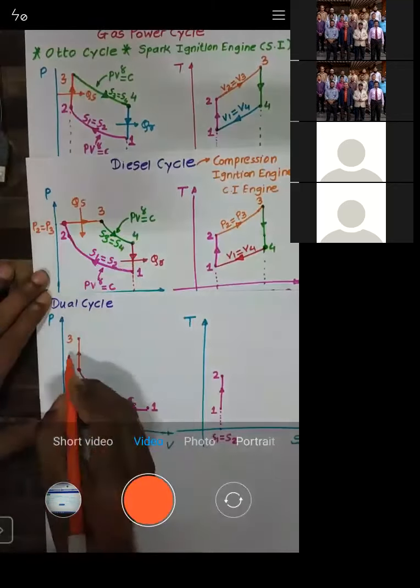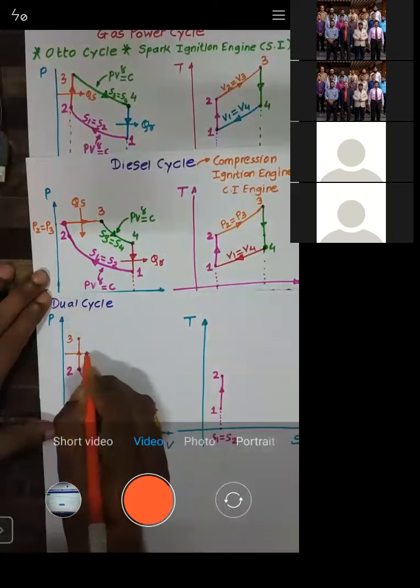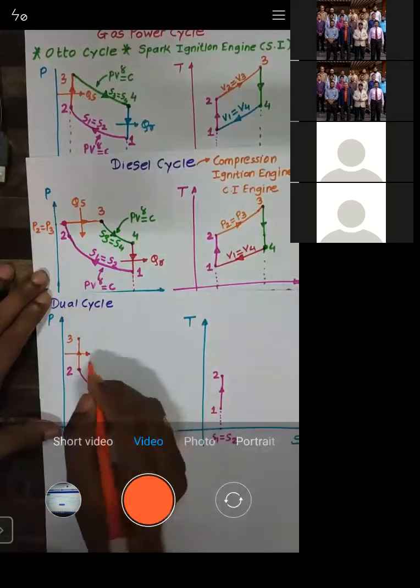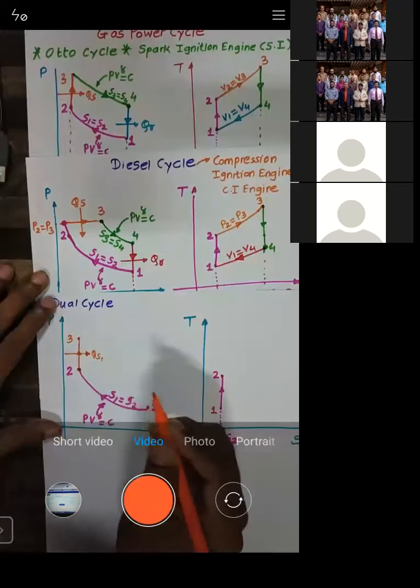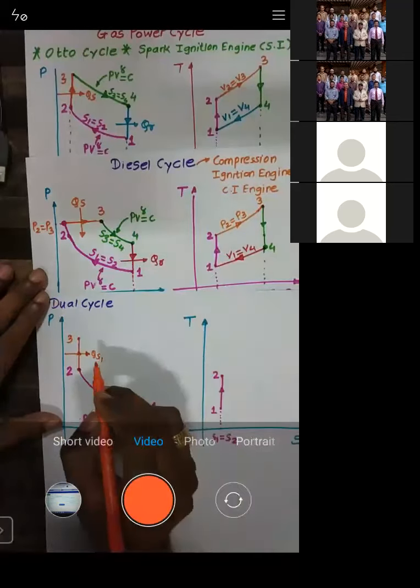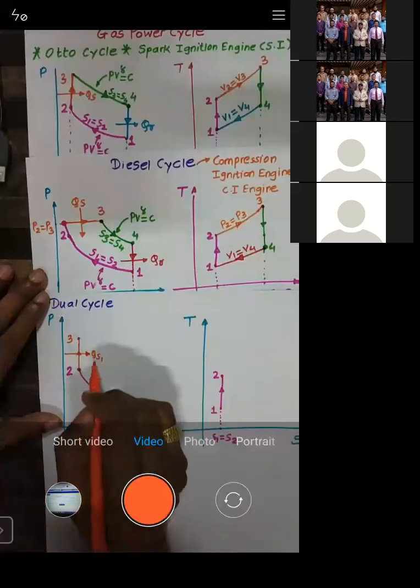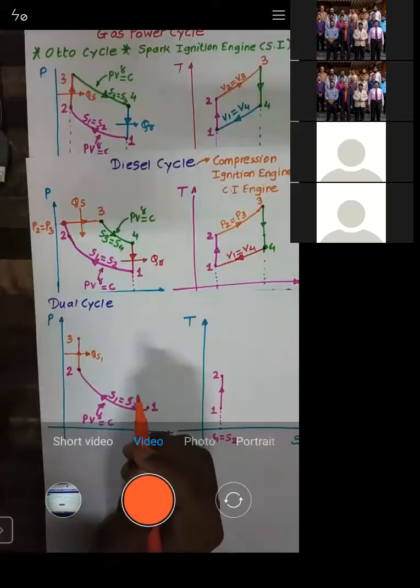That means we are adding heat at a constant volume. I will call the amount of heat added during process 2 to 3 as QS1.